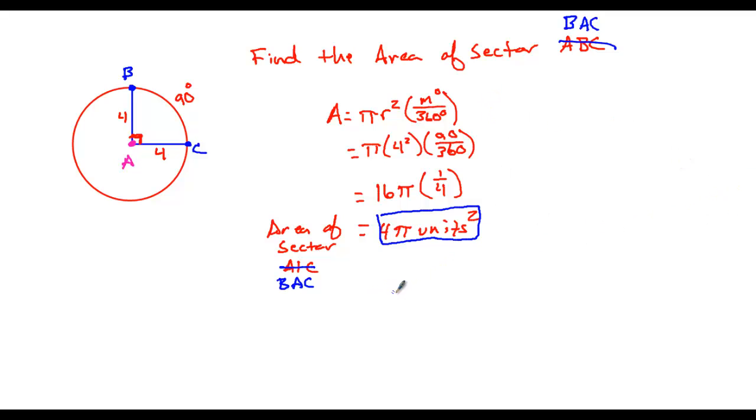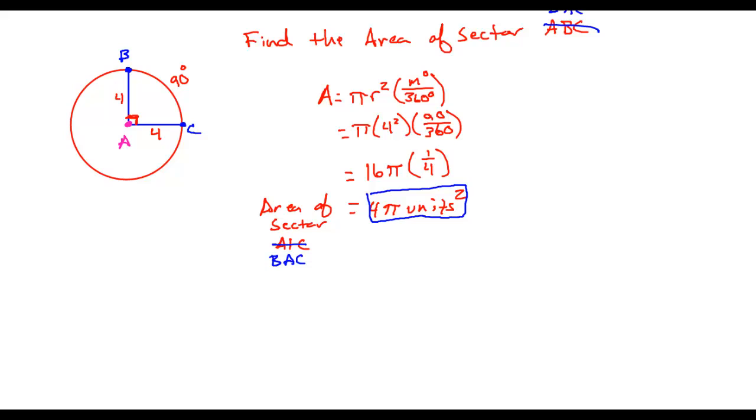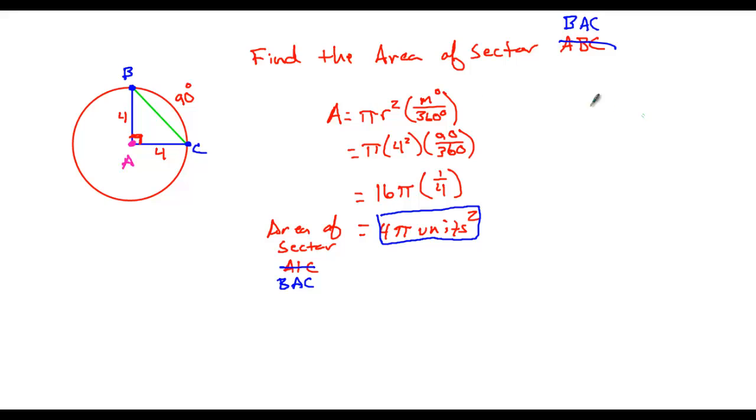Now we're going to find the area of segment BAC. So hopefully you remember from your notes that segment BAC means just this part, right? And the way we said we did that, so there's that.